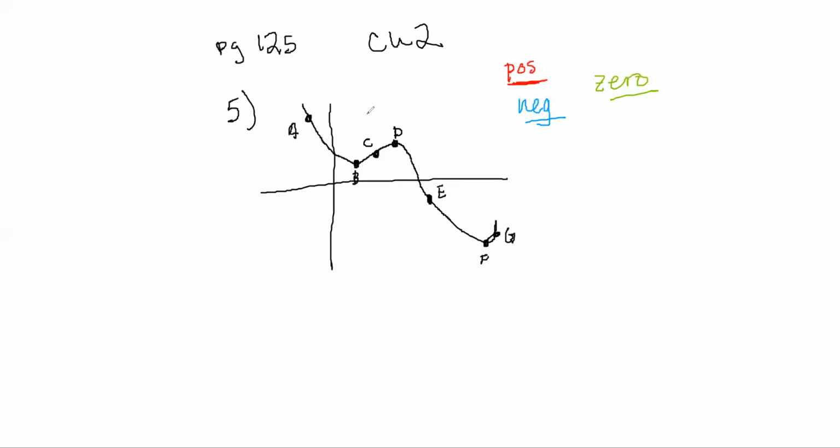C and G are positive. Yep. No other positive ones. B, D, and F are 0. And our negative ones are going to be what's left, which is A and D.